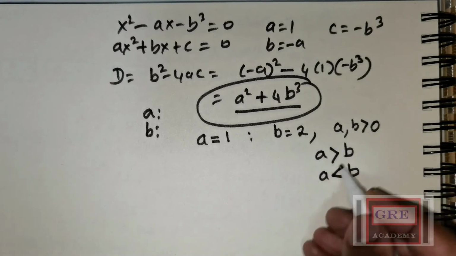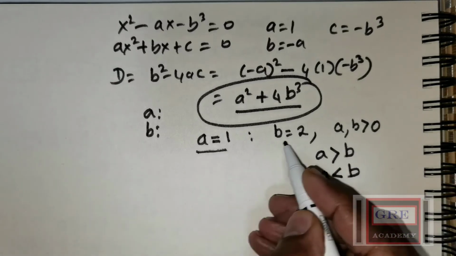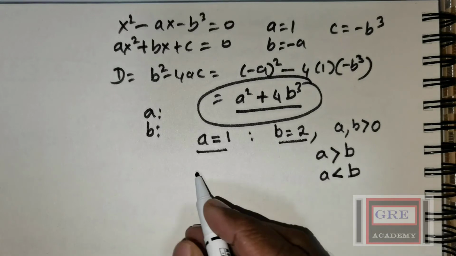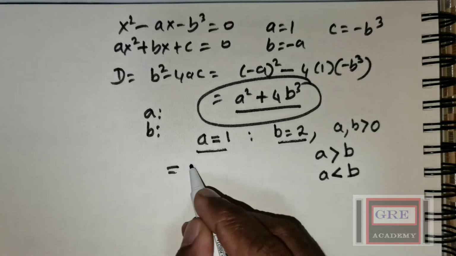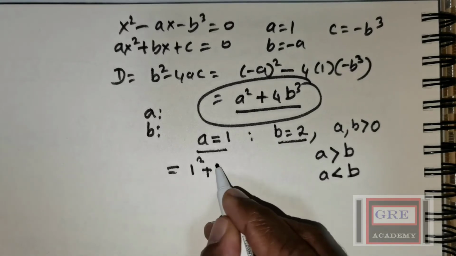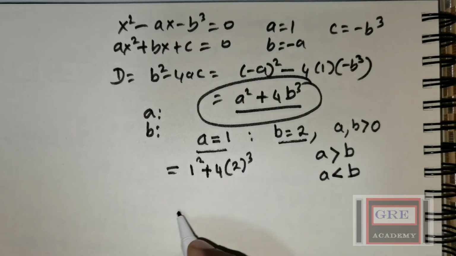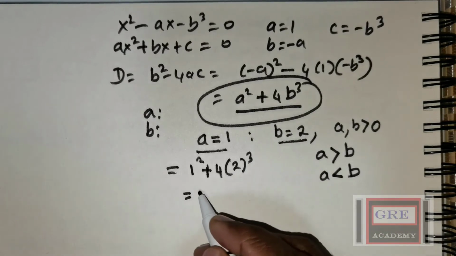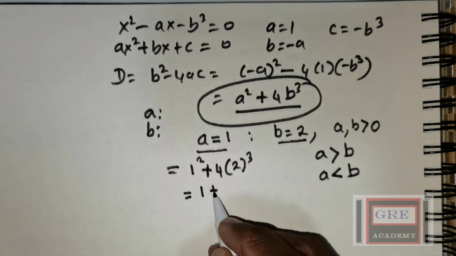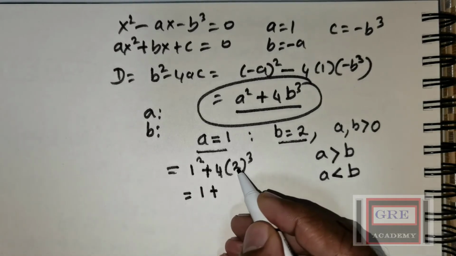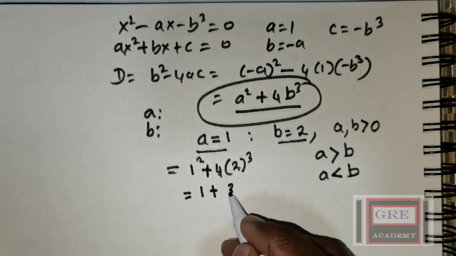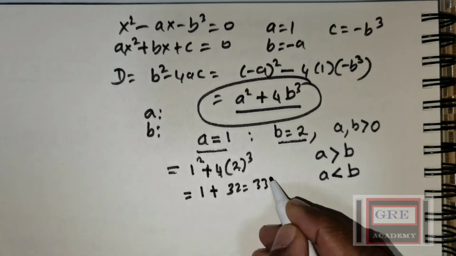So when a is less than b, we get 1 squared + 4 times 2 raised to the power 3. This is going to give you 1 + 4 times 8, which is 32, so 33, which is greater than 0.